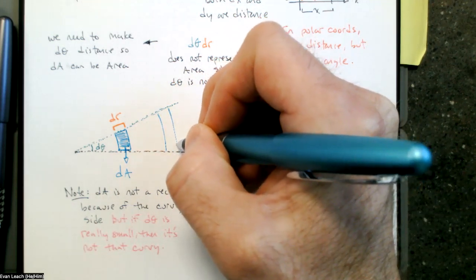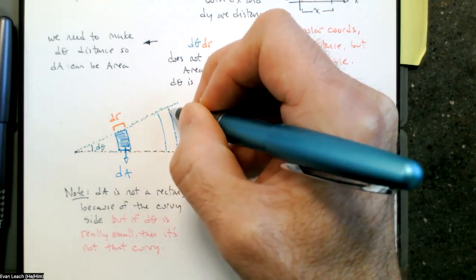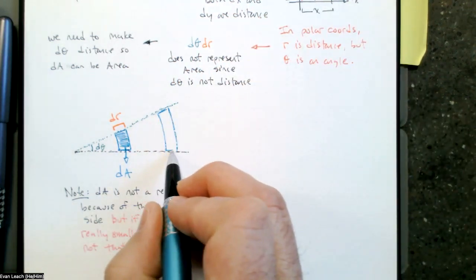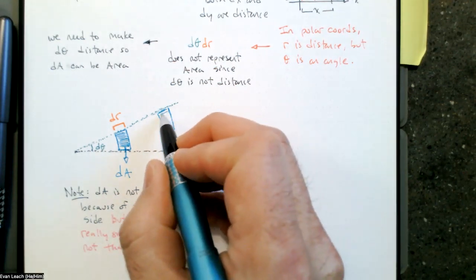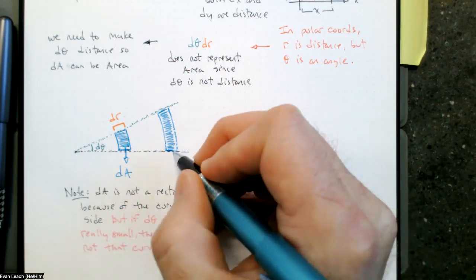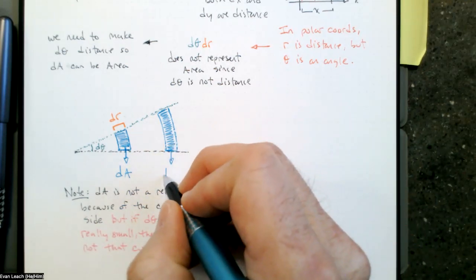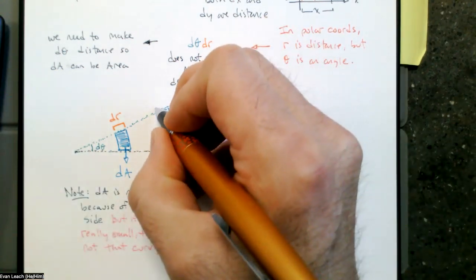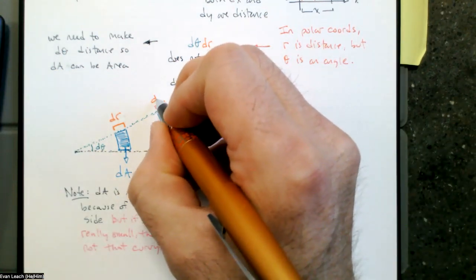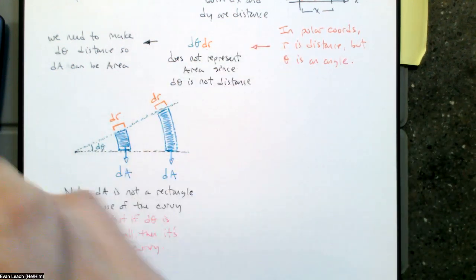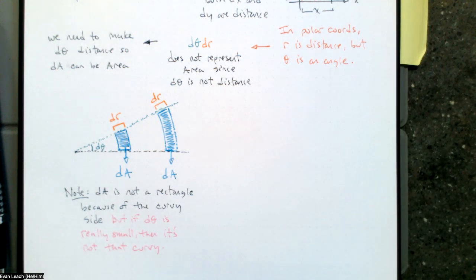So out here, I'm using the same dr and the same d theta, but dA is much bigger. Same dr, same d theta, but further away, dA is a bigger area.